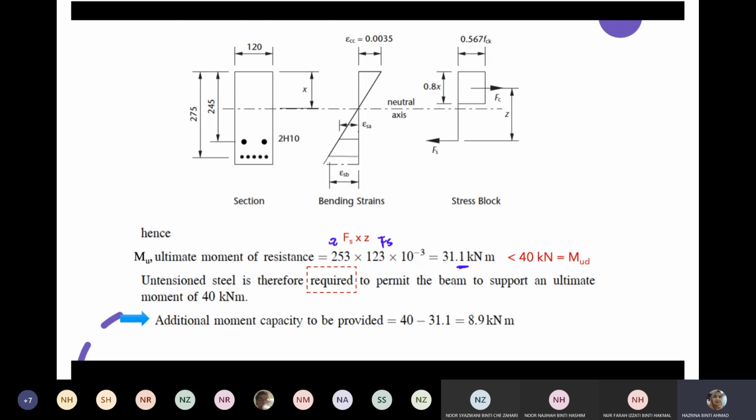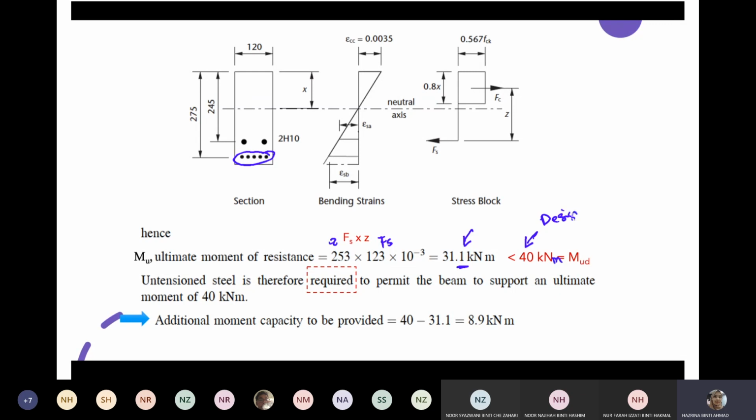So we have to compare. This is the ultimate moment of resistance for the section with the provision of the pre-stressing wire. With this provision of reinforcement, it can cater up to a moment of resistance of 31.1 kilonewton meter. We compare with the design moment given in the question, which is 40 kilonewton meter.